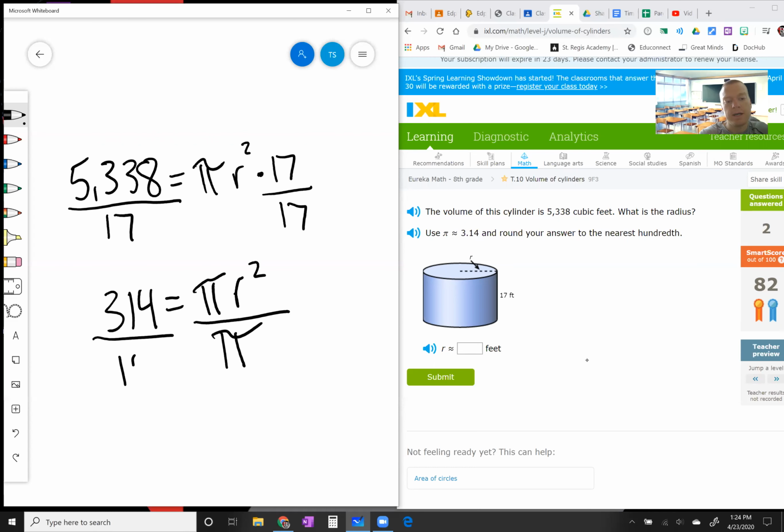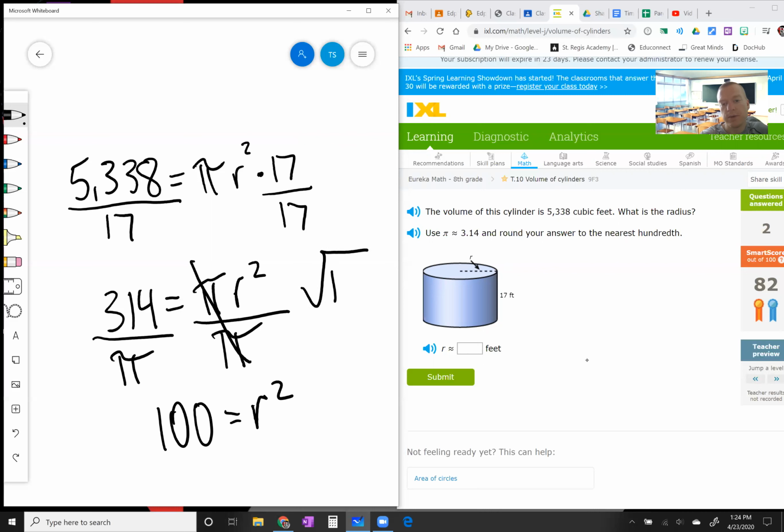The pi's cancel out. 314 divided by 3.14, you get 100. So 100 equals r squared. What times what equals 100? Because this is r squared, our radius squared is 100, so we need to take the square root of 100.